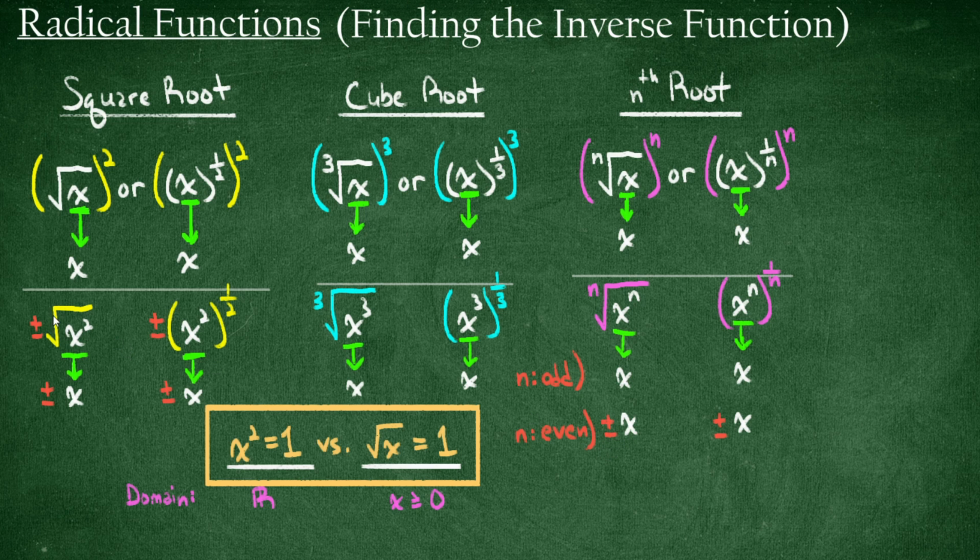So in other words, if it's the square root, the fourth root, the sixth root, the eighth root, and so on, with even numbers, then we have to take plus or minus. However, we don't have to go through that process if n is an odd number, such as the cubed root. We're going to talk a little bit about that today.